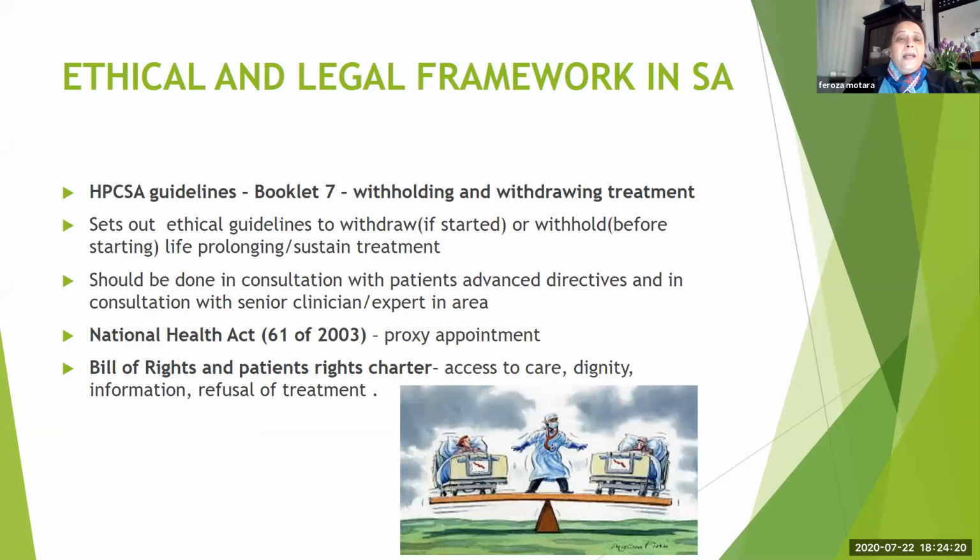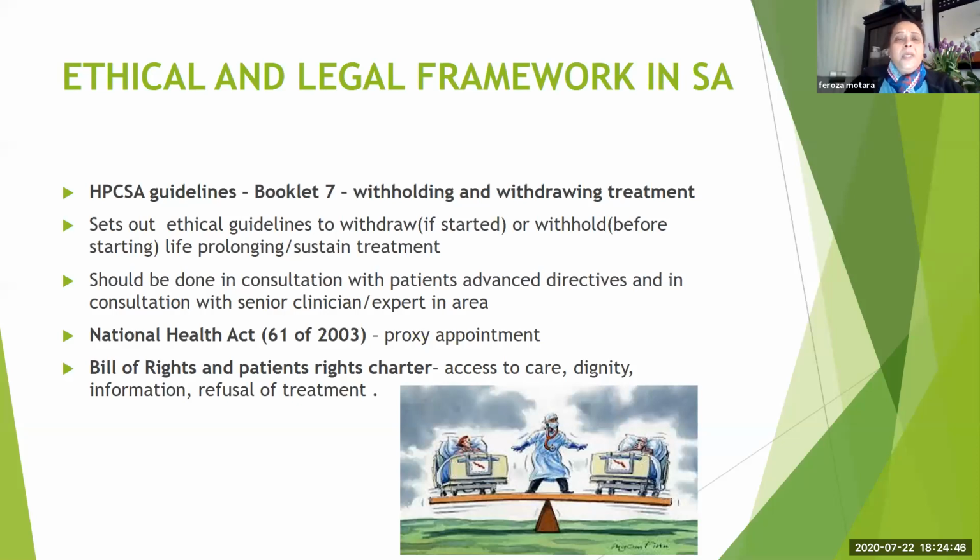The HPCSA guideline booklet 7 deals with withholding and withdrawing treatment and provides a very good guideline in terms of what healthcare workers need to know about withdrawing treatment if it started, withholding treatment before it started, and particularly with life-prolonging or sustained treatment.